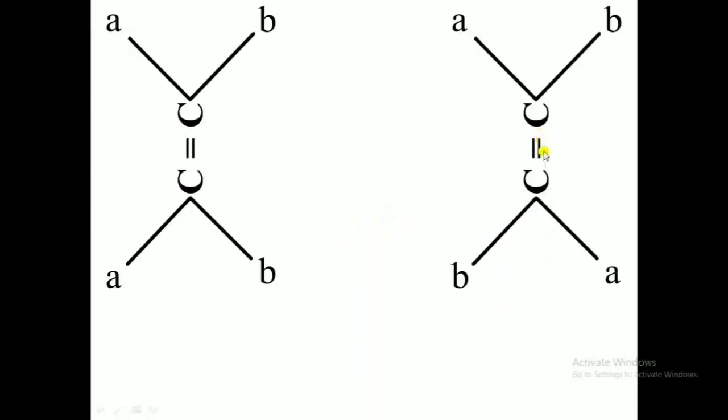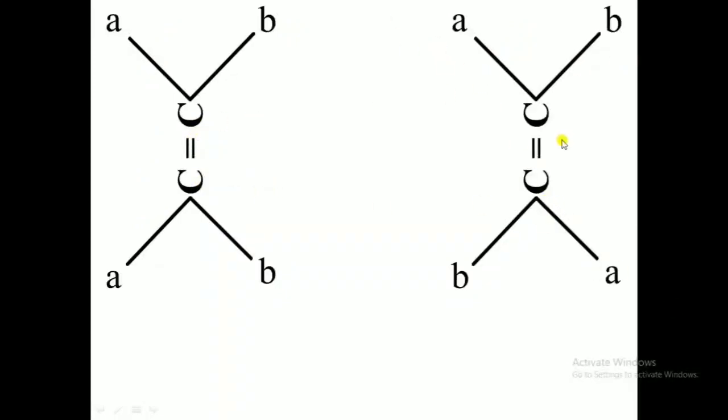Whereas if you see this structure here, the same carbon-carbon double bond backbone, the similar atoms or groups are arranged on the opposite side. Here you can see if A is here and the other A is here, and B is here and the other B is here. So it's the same molecule, but the atoms or groups attached to the carbon atoms are arranged either on the same side of the carbon-carbon double bond or on the opposite side.